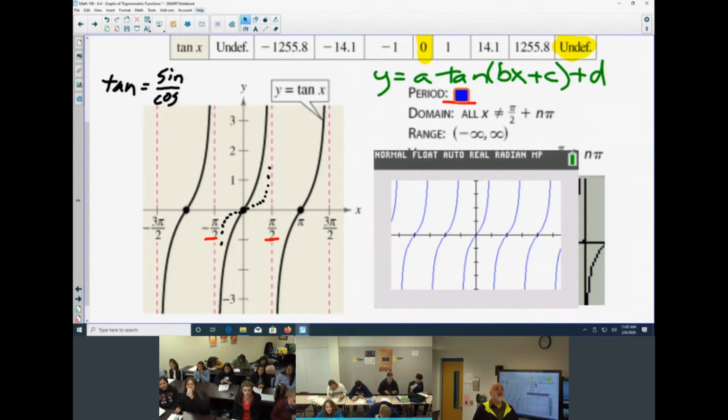You have to do 1 divided by tangent of x. Right. Again, make sure your calculator's in radian mode, and then do the y equals and 1 divided by tangent of x. And then draw a rough sketch of that on your paper for the next practice problem.